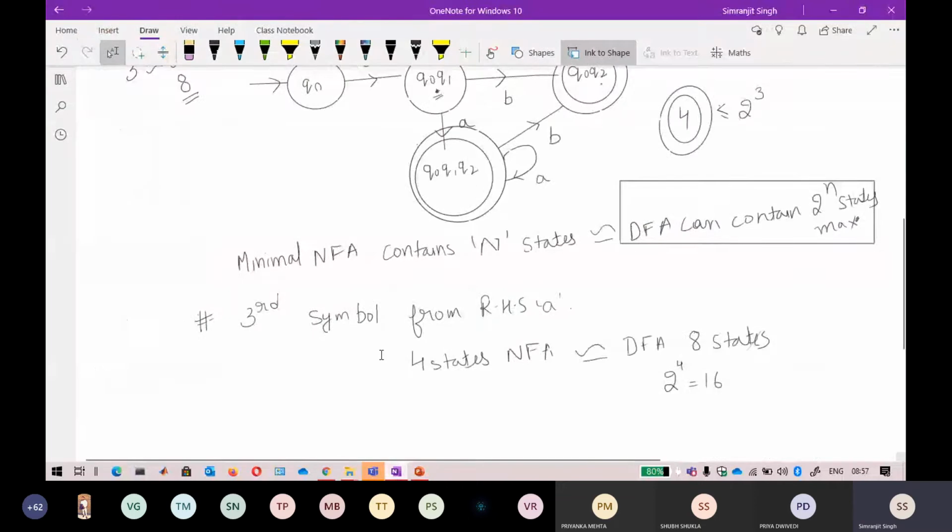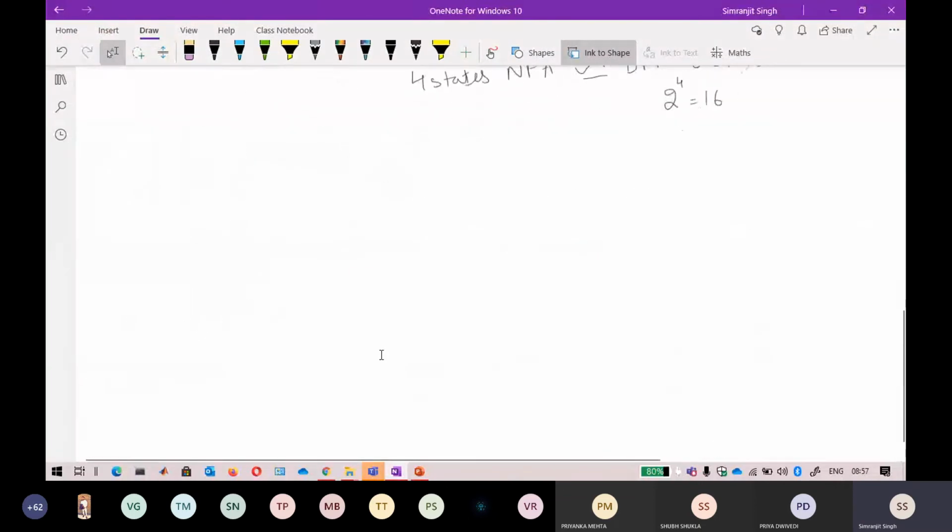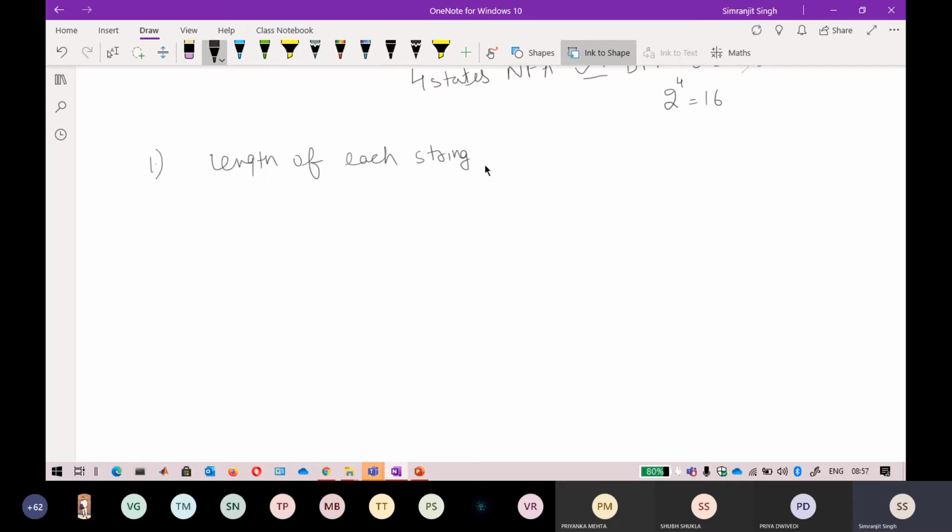Starting with a similar question, I will take any question from the previous one where we have a greater number of states. The first question where the greater number of states occurred was where the length of each string should be even.